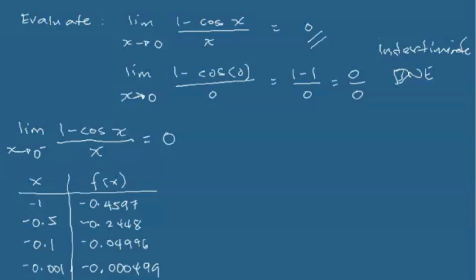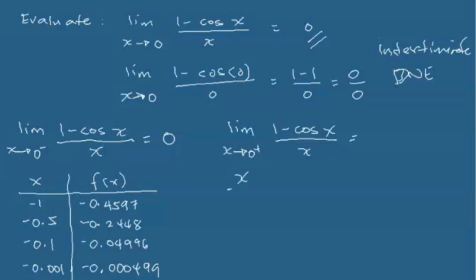So this is approaching 0. Now let's do the right hand side. The limit of 1 minus cosine x over x as x approaches 0 from the positive side. Let's see if this will be approaching 0.